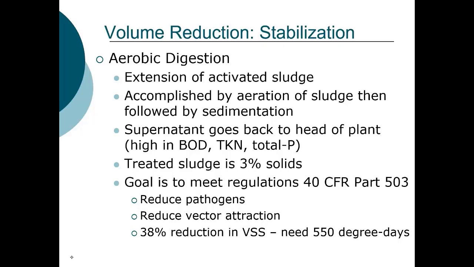It's accomplished by aerating the sludge, just like one does in an aeration basin. The difference is that we're taking that waste activated sludge, and that goes into the aerobic digester. The supernatant from that goes back to the headworks of the plant.